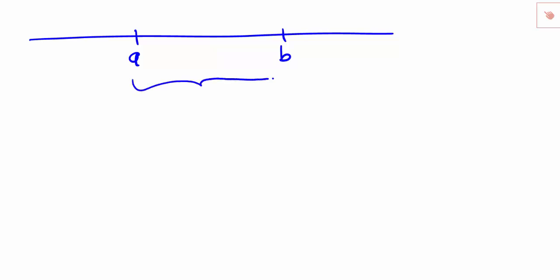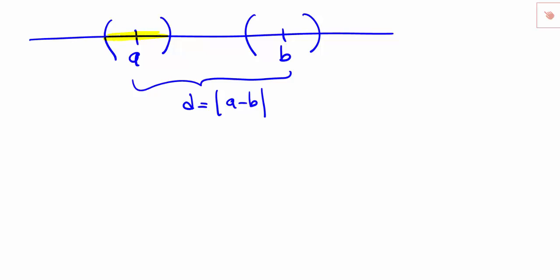Let D be the distance between A and B. So D will be the absolute value of A minus B, right? Now we can pick a bubble small enough around A, and then we can pick another bubble small enough around B so that those two bubbles don't overlap.